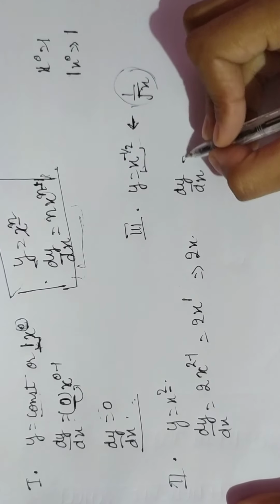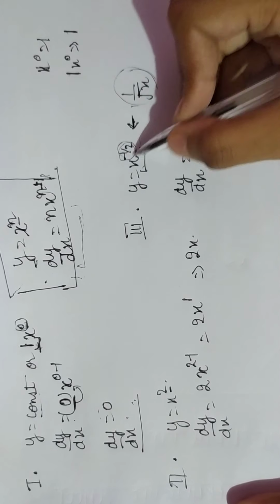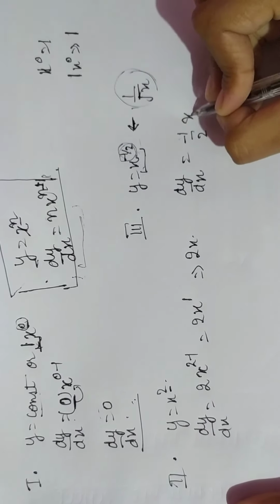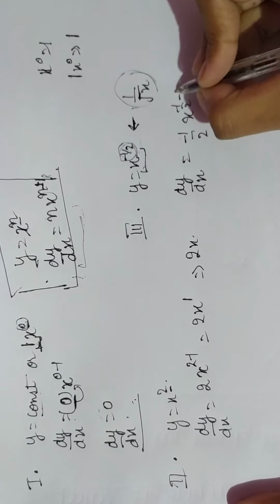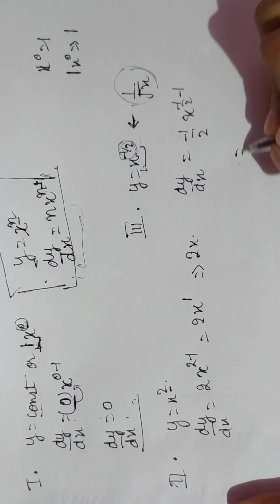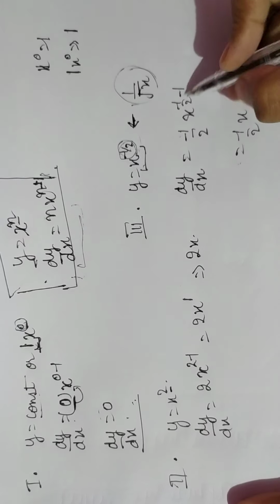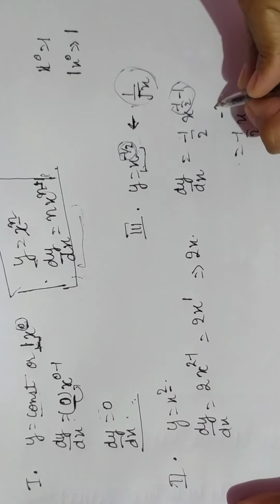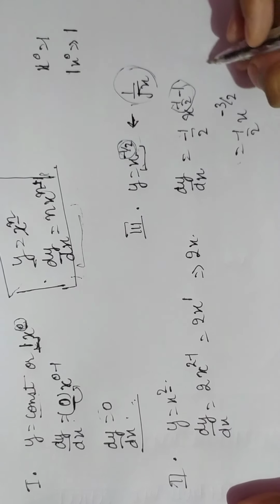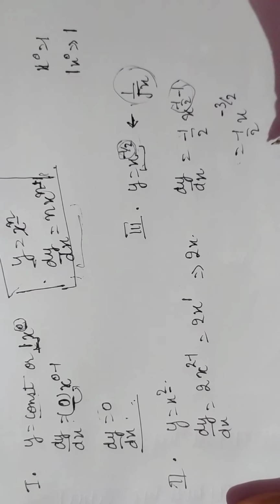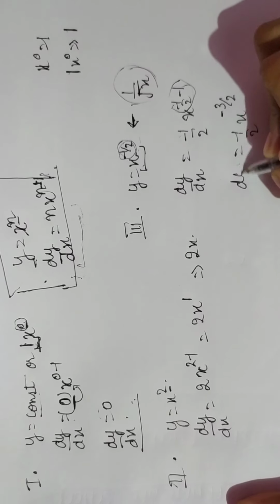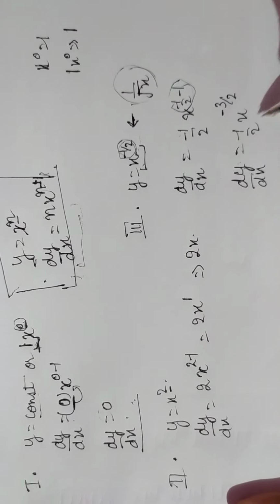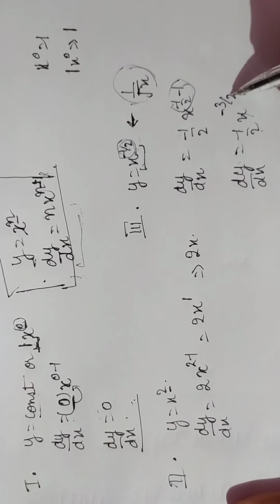First of all we will put this value of n at the front, minus 1 by 2, and x to the power minus 1 by 2 minus 1. So what do we get? We get minus 1 by 2 x to the power, after solving this, minus 3 by 2. So after differentiating 1 upon under root x, we get minus 1 by 2 x to the power minus 3 by 2.